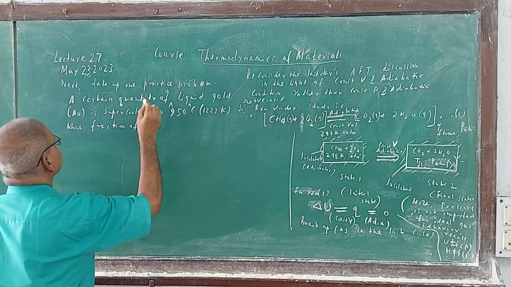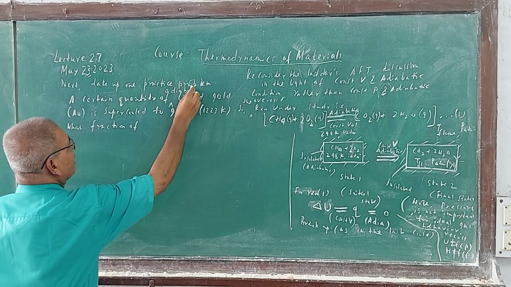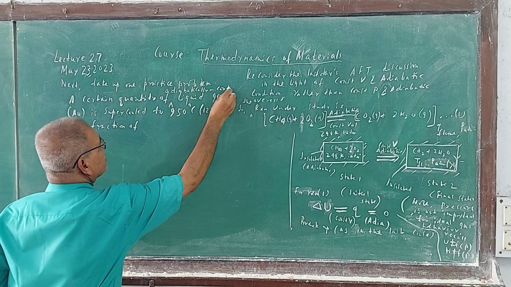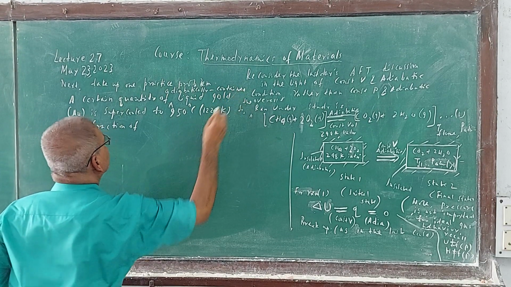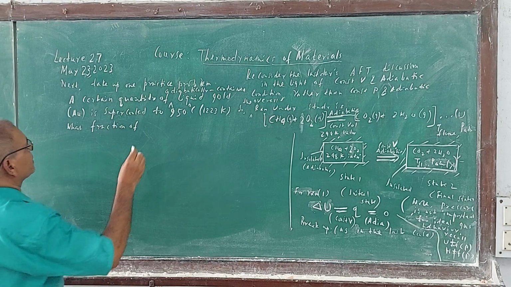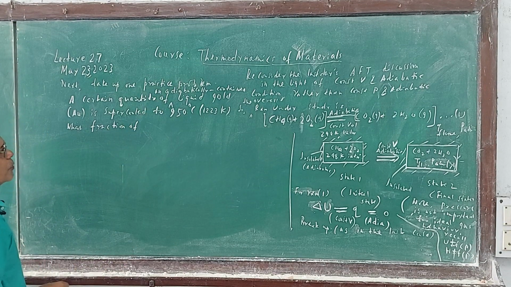A certain quantity of adiabatically contained liquid gold is supercooled to 950 degrees centigrade.